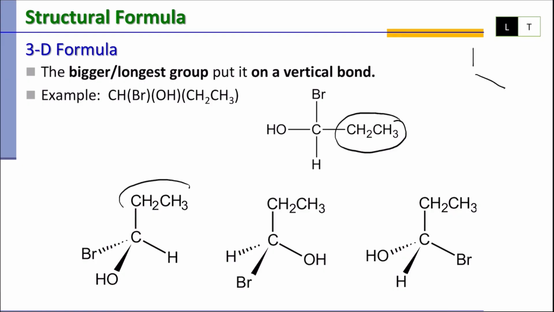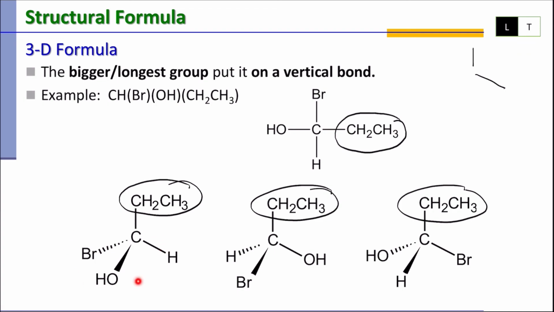So awak akan lukis atas ni adalah untuk CH2, CH3. Yang lain boleh ubah kedudukan, tak kisah macam mana pun. Tapi yang atas ni adalah yang paling panjang. Sebab dia mesti berada on a vertical bond. So yang mana vertical bond yang dimaksudkan adalah this one. Okay, vertical, dia menegak. So ini adalah cara kita draw the 3D formula untuk molekul yang mempunyai different size of atoms ataupun group of atoms.